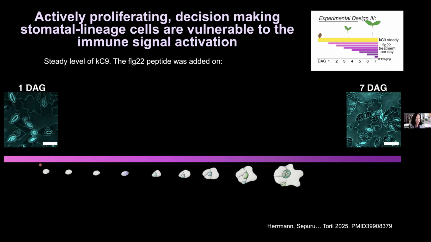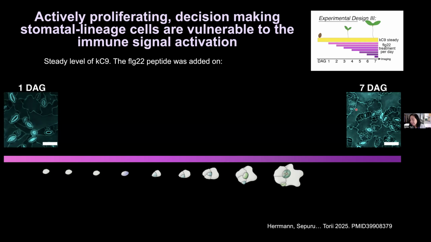So Avid designed the experiment that throughout the stomatal development, he added KC9, this compound that increased stomata, and then on day 1, day 2, day 3, day 4, each day, he added FLAG22 peptide, to see when during the development or the germination, this is cotyledon development, stomatal development can be shut down by the FLAG22 FLS2 immune signaling pathway. So if you add FLAG22 peptide from day 1, of course, you don't have a stomatal increase.